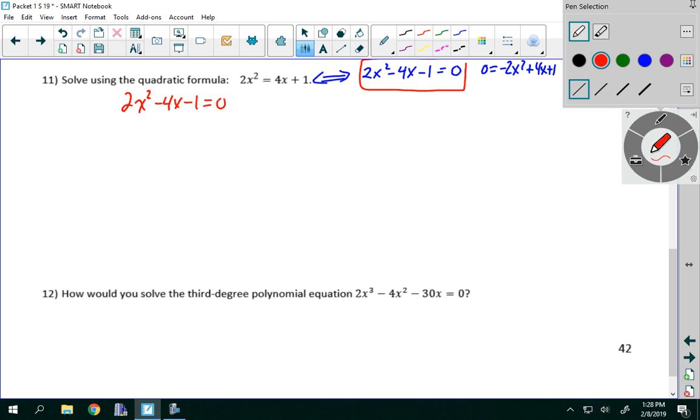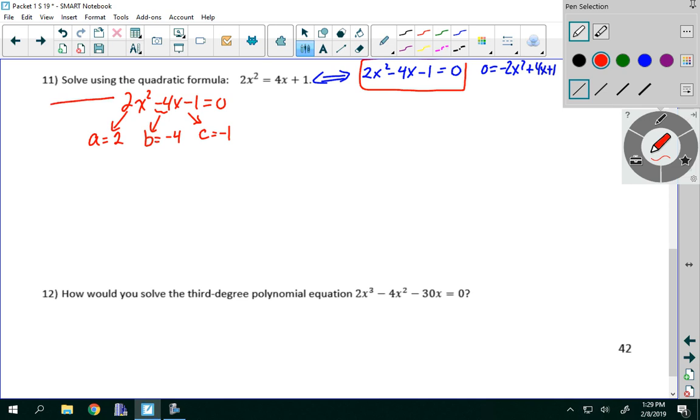So our first job, once we set it equal to 0, is to identify the values for a, b, and c. The coefficient for x squared is a, which is 2. The coefficient, including the sign of the operation, is b, which is negative 4. And our constant term, c, is negative 1. So let's take a look at this now.